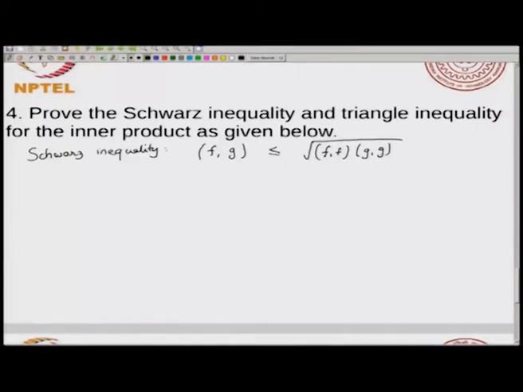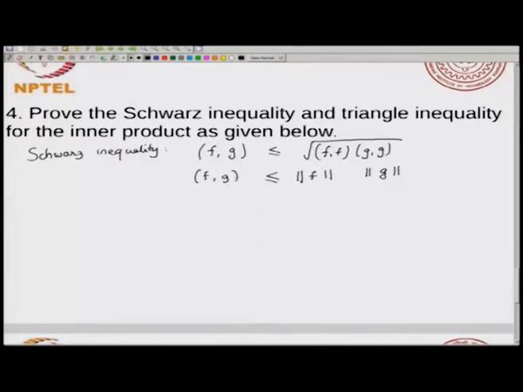So, a cross inner product is always less than the product of the norms. In other words, I can write this as less than or equal to the norm of f times the norm of g.